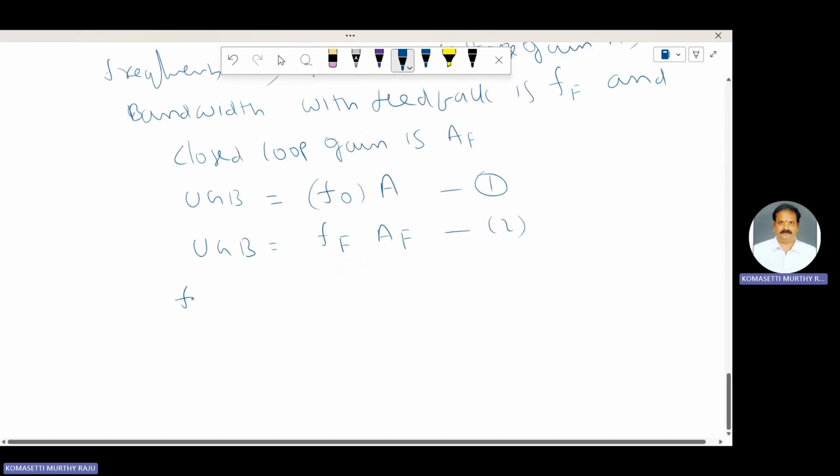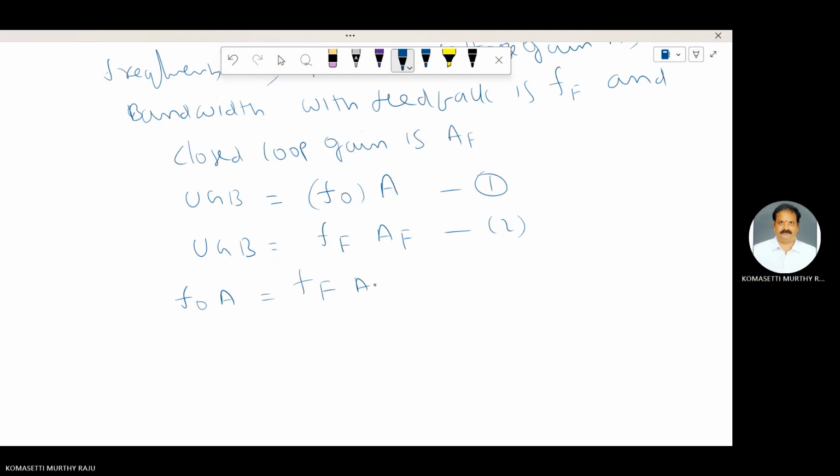Therefore, F naught A is equal to F F A F, so F F is equal to F naught A by A F.